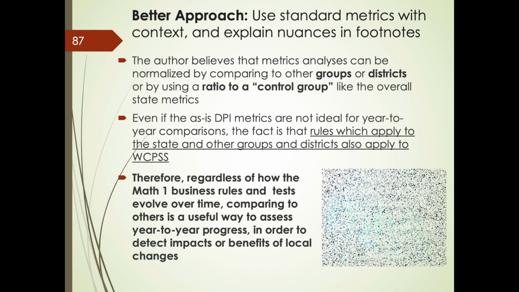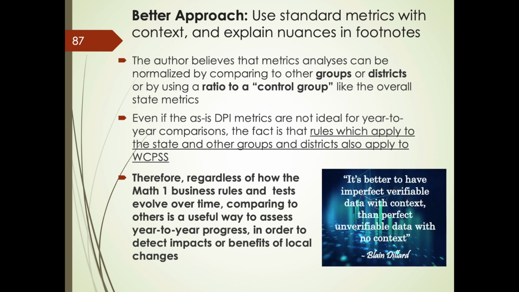So the effect there is that regardless of how the business rules change about Math 1 and how the tests evolve over time, if we compare to others, that's a useful way to assess year-to-year progress in order to detect impacts or benefits of local changes. So again, the bottom line meme here is I believe it's better to have imperfect verifiable data with context than perfect unverifiable data with no context.